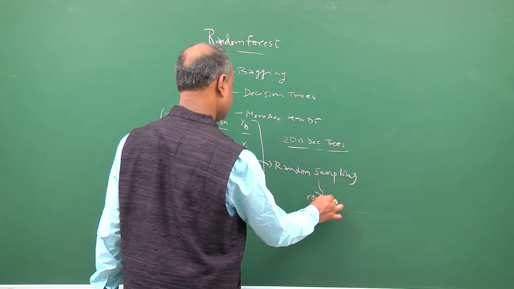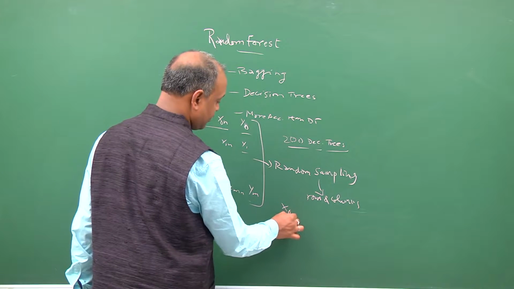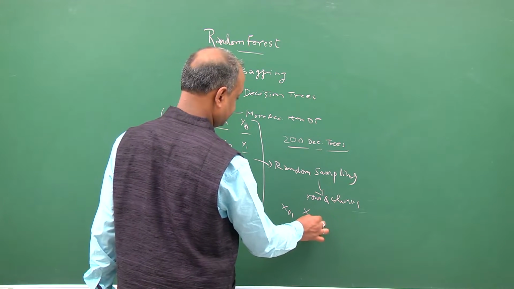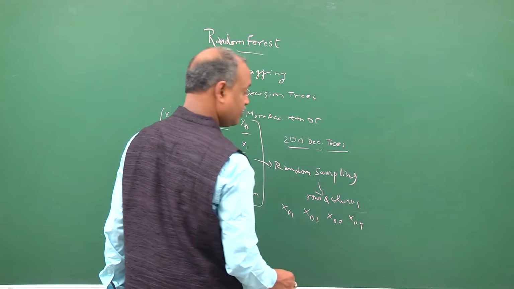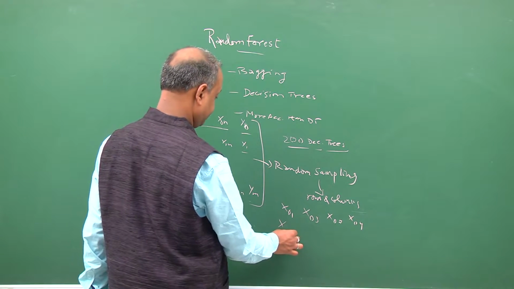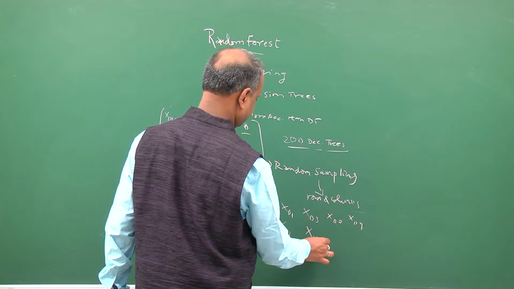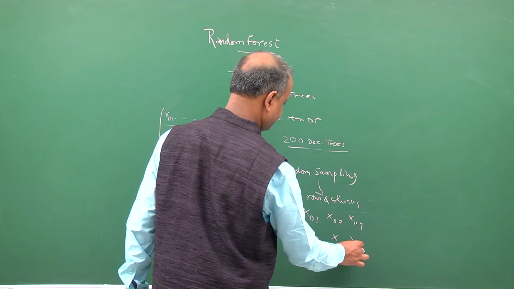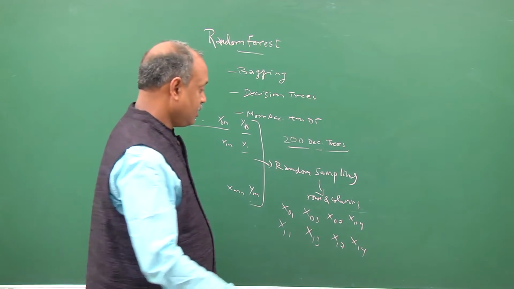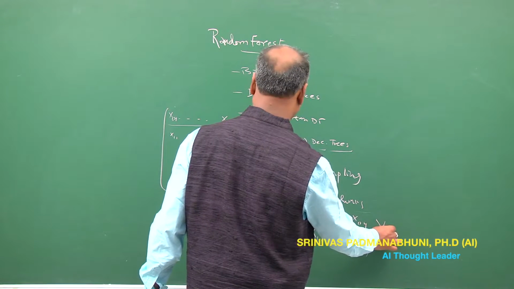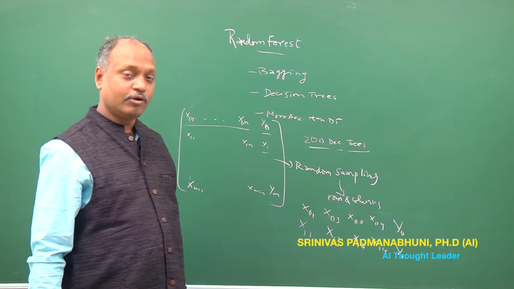rows and columns from the input. So for example, I take something like that, and correspondingly, let's say I take it randomly 2 rows, 4 columns, and then I append the corresponding output values.